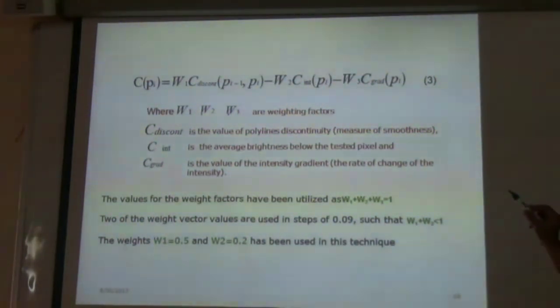Then you have to determine C grade, the value of the intensity gradient. You consider the same sort of information. Below this, what's the value here? This value is 3. Is there any intensity variation here? Yes, sudden variations are there. Variations are there. You have to measure C grade, and you can use this filter.